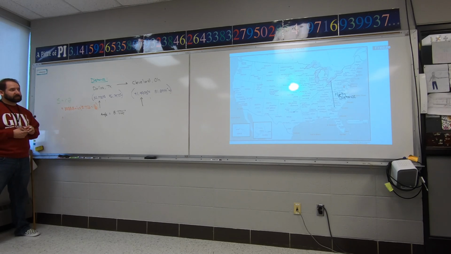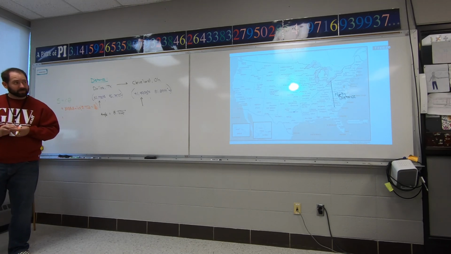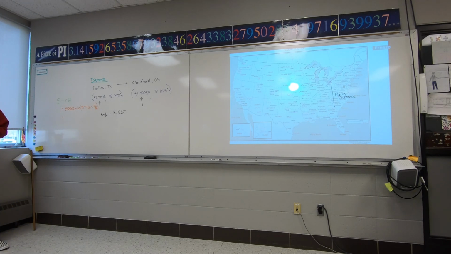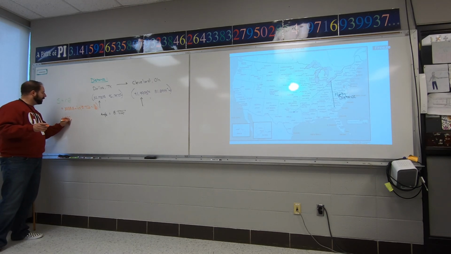I'm expecting it to be 400 or 500 miles maybe, just estimating in my head, just looking at this distance. Longer than the 200 we just got in the last one. I'm saying about 500. I got 602.68 miles.